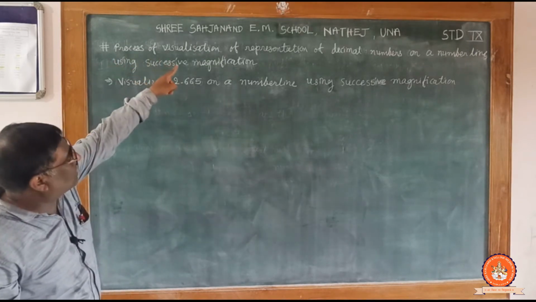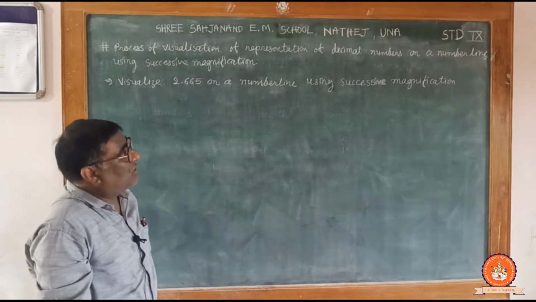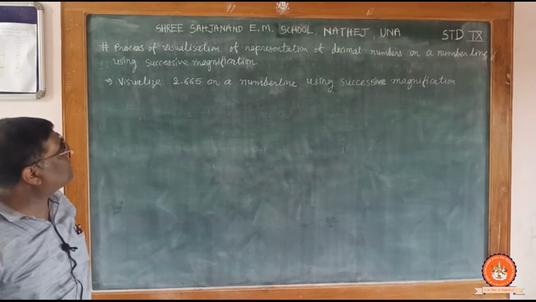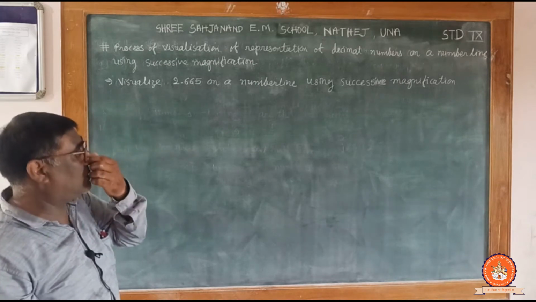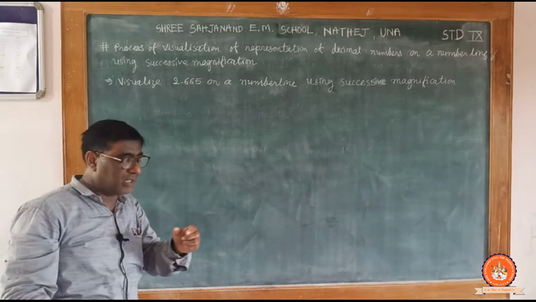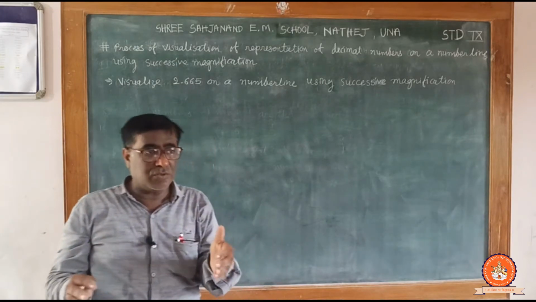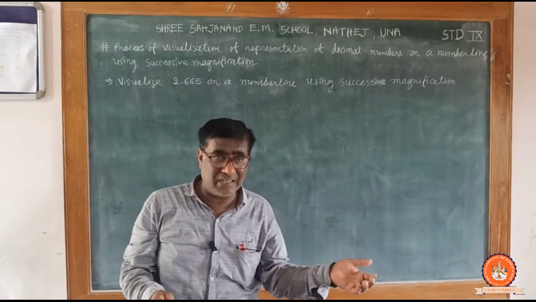Today's topic is the process of visualization of the representation of decimal numbers on a number line using successive magnification. So here we have to visualize a number, which means we have to represent the decimal number on a number line. We learned to represent integers on a number line in standard 8.